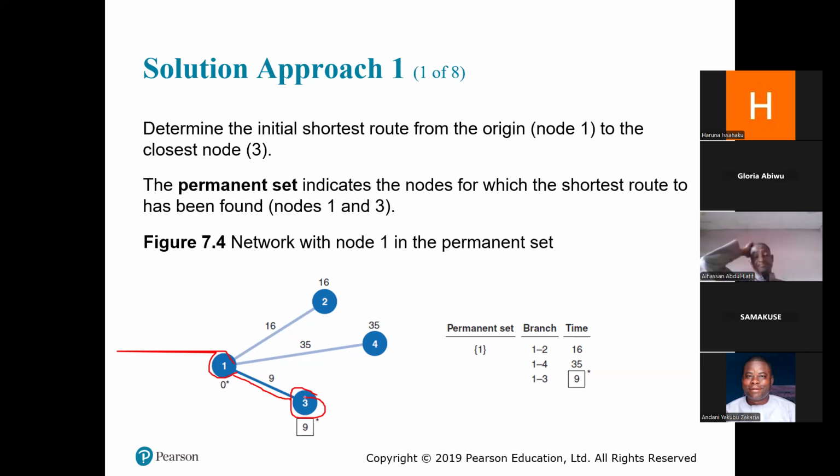And we have found the shortest route for node 1 and node 3. So for this time, that is the permanent set. So we now move to the next step, because we want to find the shortest route to each of the nodes. So let's move on. So here, branch 1 3 has been selected.